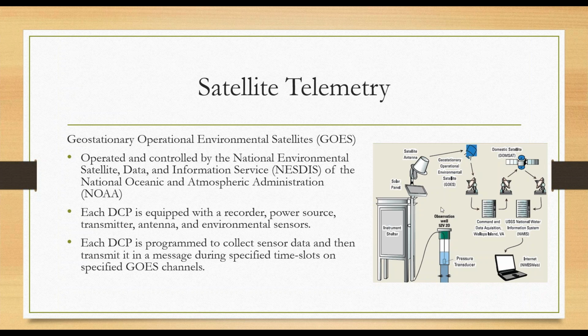There's a transducer down the well. That information is collected at whatever interval, let's say 15 minutes or hourly, and then transmitted through GOES, the Geostationary Operational Environmental Satellites, to our offices and to the internet.